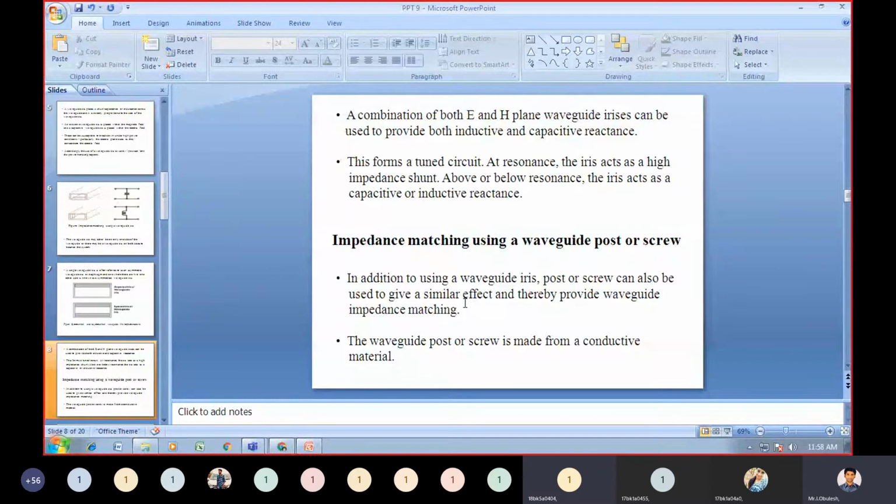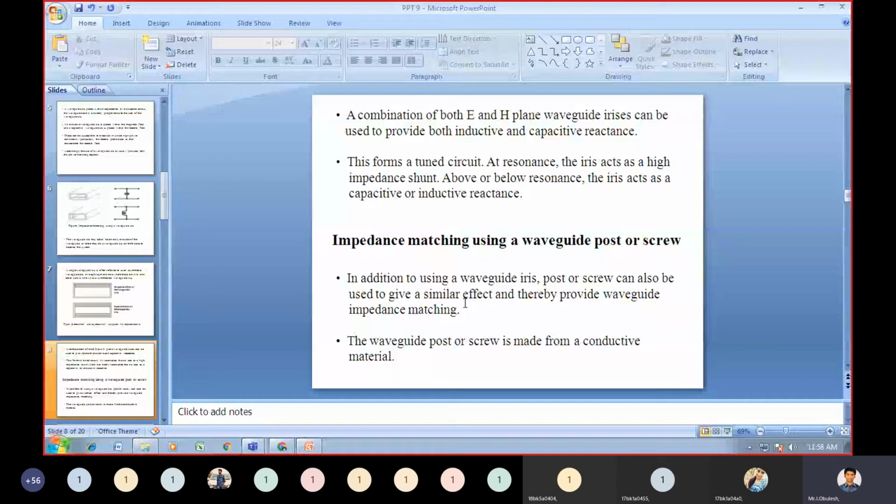Next, coming to impedance matching using a waveguide post or screw. In addition to using a waveguide iris, you can use a post or screw.